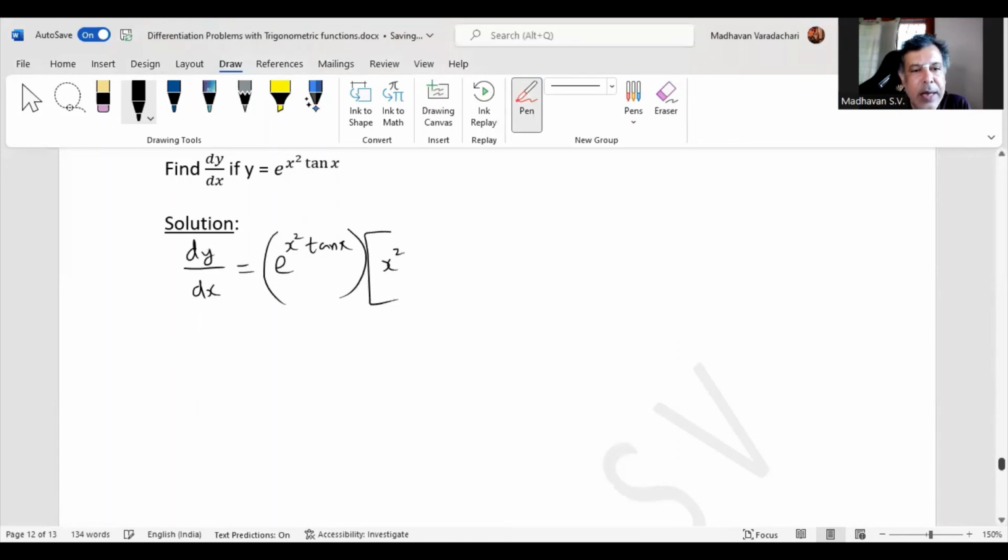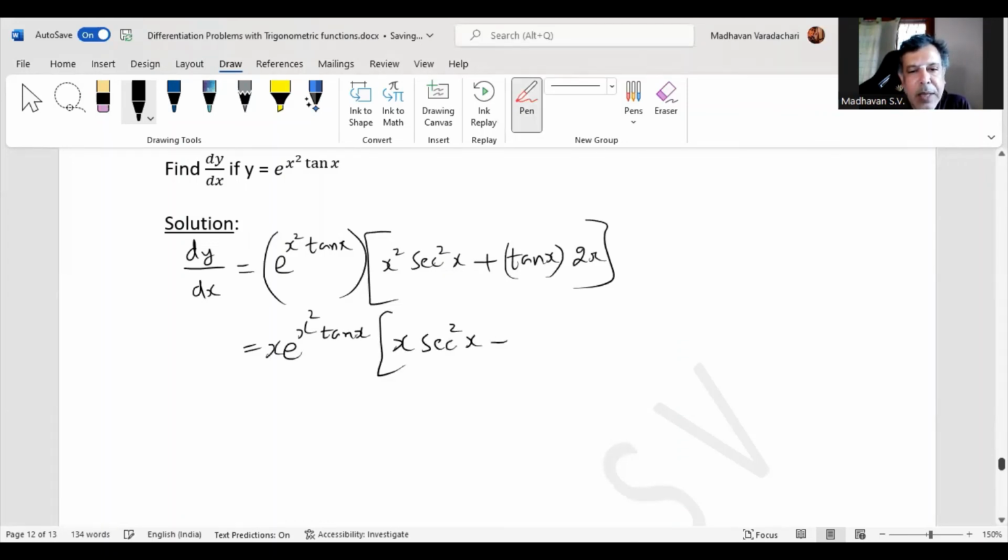So it will be x square, and if I differentiate tan x, it is secant square of x plus tan x, and if I differentiate x square, it is 2x. So this will be rewritten as e to the power of x square tan x. And then we may notice like x is common, we can take it outside. So we will have x secant square of x plus 2 times tan x. So that will be the result for this.